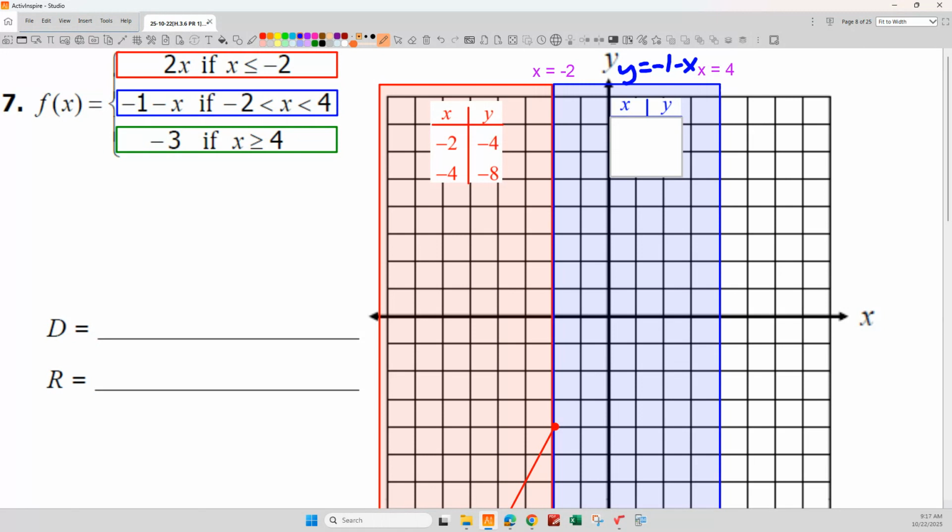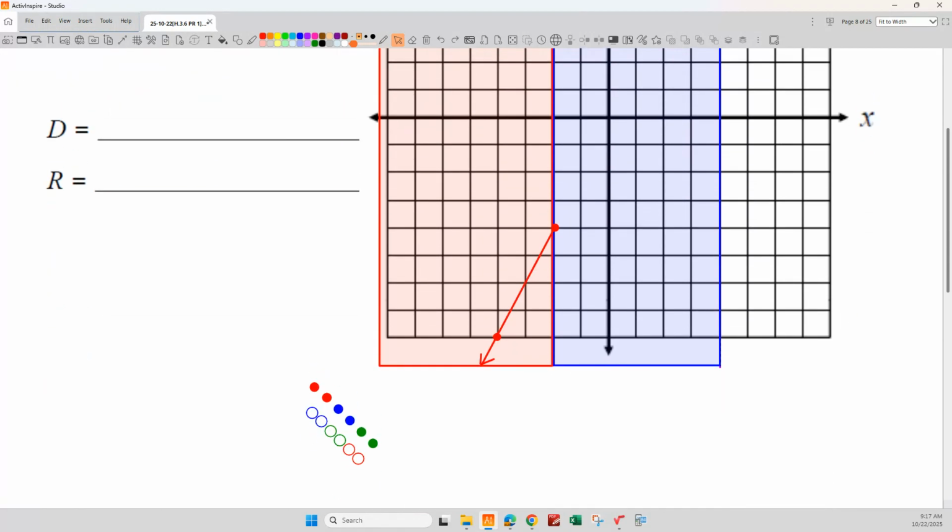So if I'm choosing -2, what do I get? +1, yeah. -1 minus -2 is like +2. So that would give us the ordered pair -2, +1. Okay, there's an ordered pair. And you guys correctly told me already we want an open endpoint there. Okay, so we'll do that.